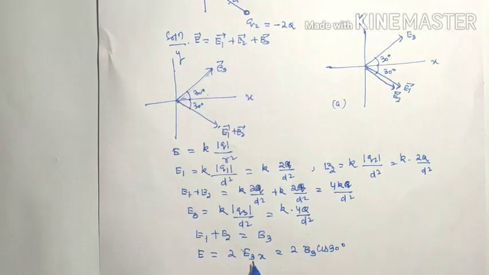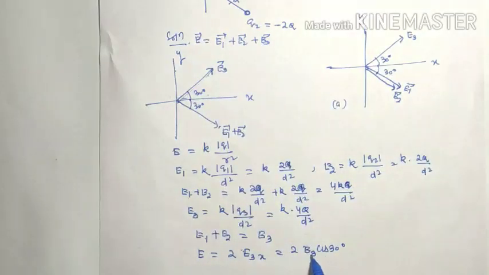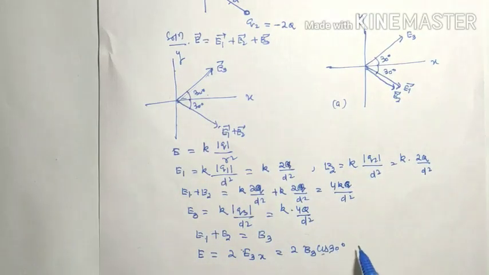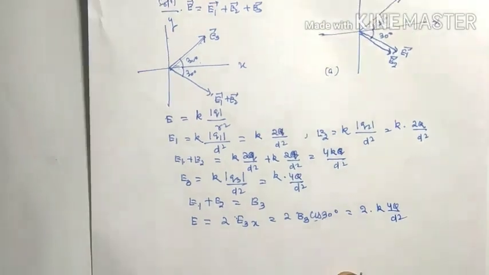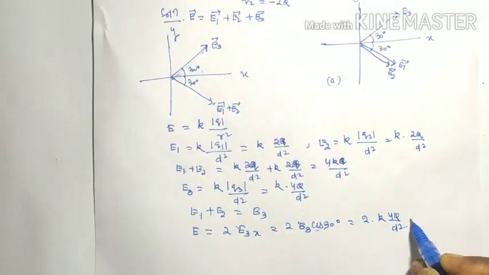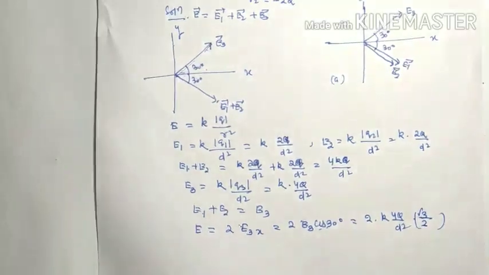E3x means the x component, which is E3 cos 30 degrees. So this is 2 times E3, which equals K 4Q by d squared, times cos 30, that is root 3 by 2.